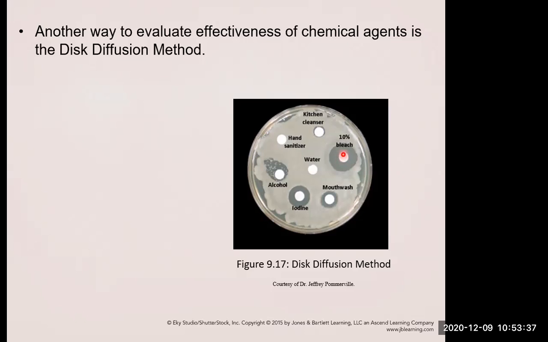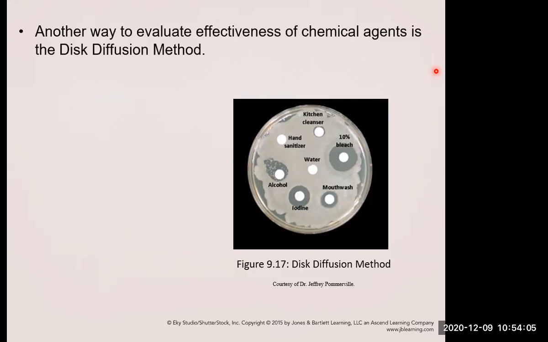So from the center of the circle, or from the edge of the paper, we can measure that radius and then compare it to the other discs. If you have a larger zone of inhibition, we're going to say that you are more effective at killing than discs that have a smaller zone of inhibition. Notice water doesn't kill these bacteria. Bleach is the most effective.